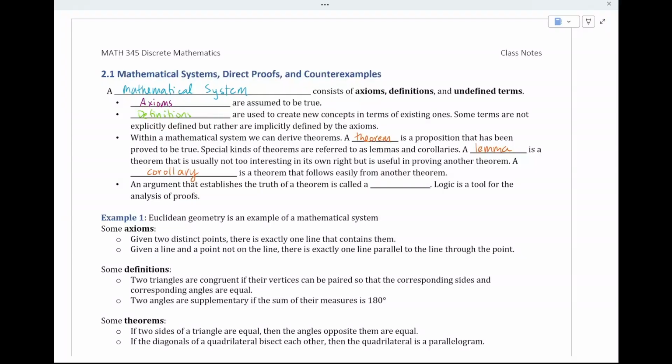So lemmas come before some sort of big theorem, and corollaries come afterwards. An argument that we use to establish the truth of a theorem is called a proof. And many of the logical ideas and tools that we learned in Chapter 1 are the tool that we're going to use for the analysis of proofs.